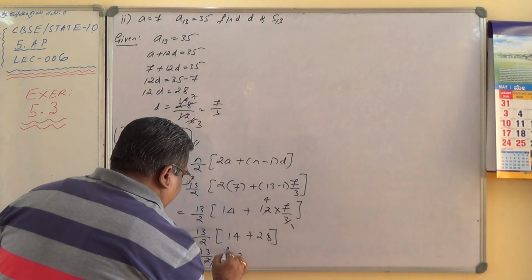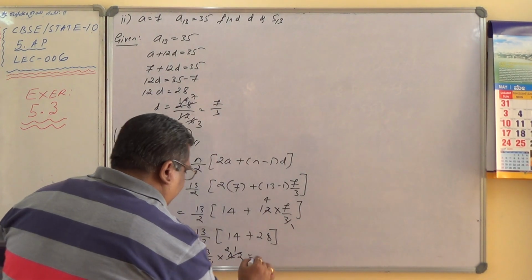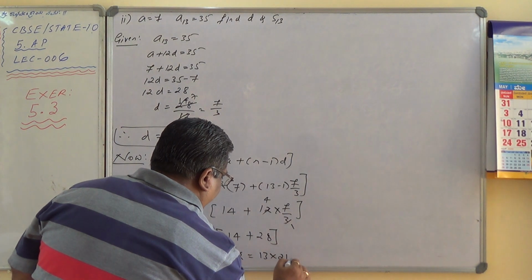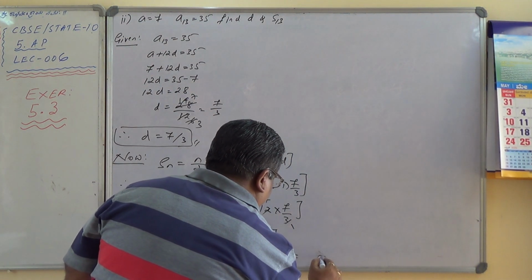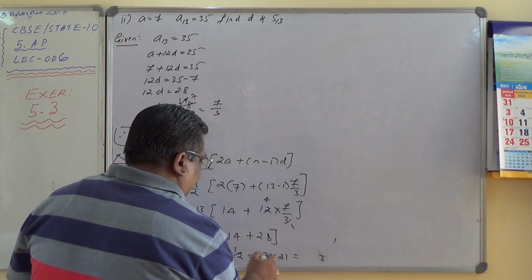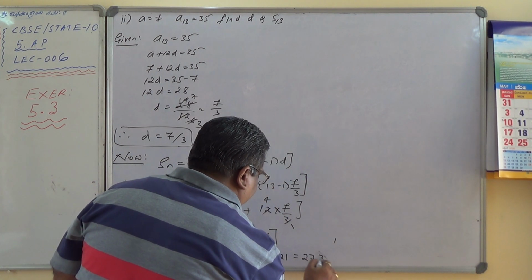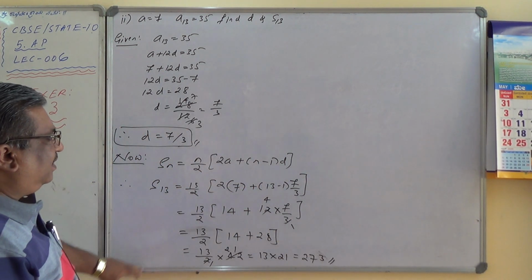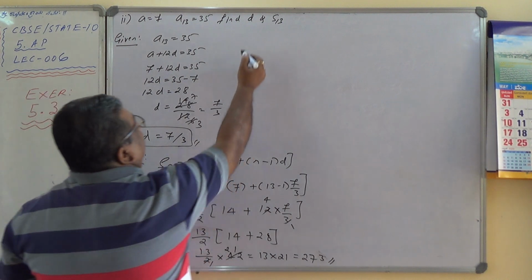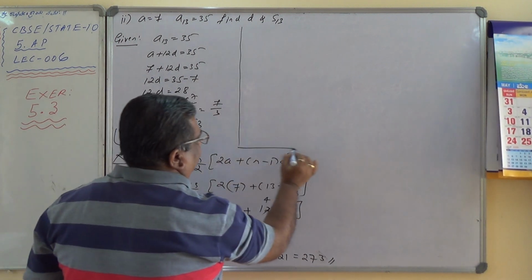2 ones are 2, 2 twos are 4, so 21. So 13 into 21. 273 should be your answer, and therefore S13 equals 273. So this is the question here.